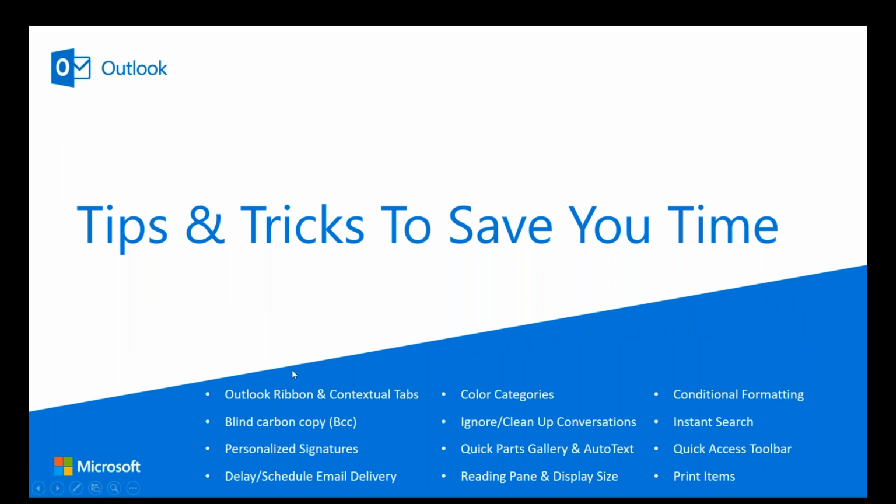All right, I just wanted to highlight a few other things I'm going to quickly talk about. I'm going to go into more of the ribbon. I'm going to go into how to do a blind carbon copy, a BCC email. I'm going to do some personalized signatures. I'm going to show you how to delay and schedule emails. I'm going to talk a little bit about color categories.